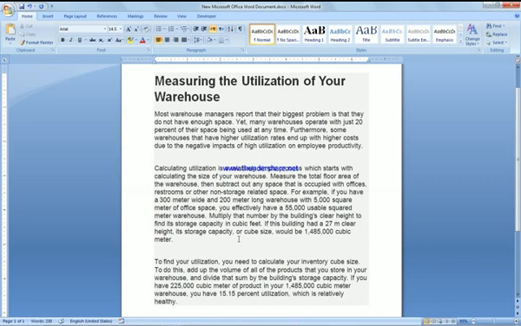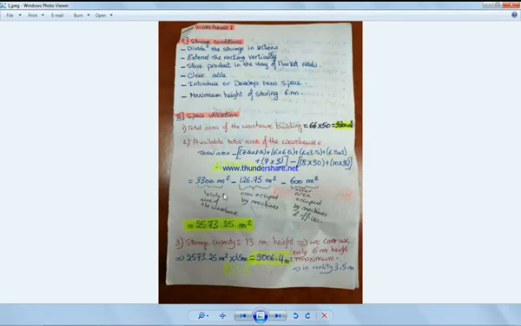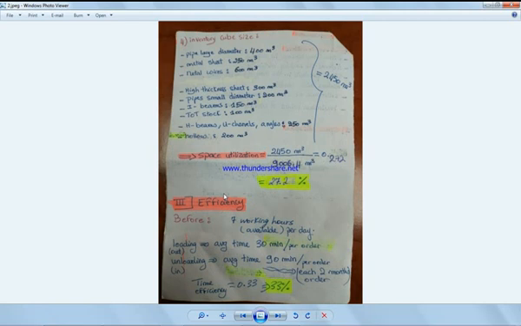So let's take a brief example of how it is calculated. So we do it very briefly. I'm going to consider this example to calculate the cube size. All the material available in the factory will be added together.